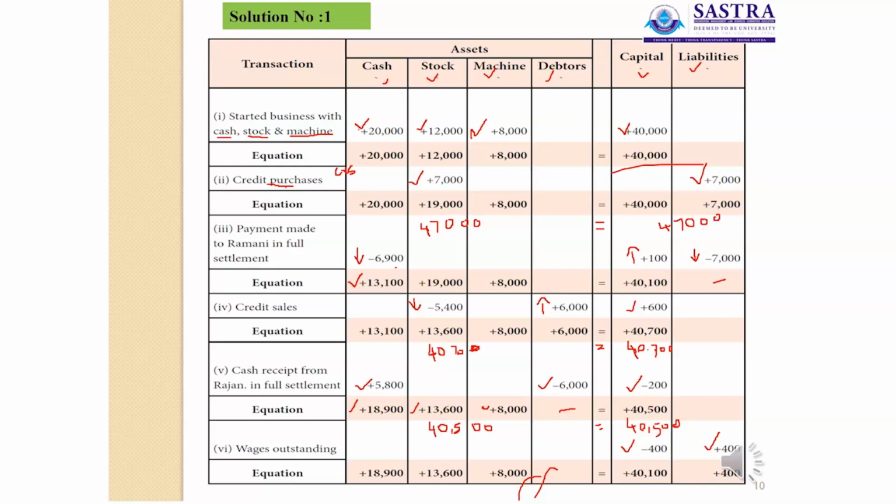Now you have to total it, that is 40,100 plus 400, 40,500. On the asset side, 18,900 plus 13,600 plus 8,000 is equal to 40,500.